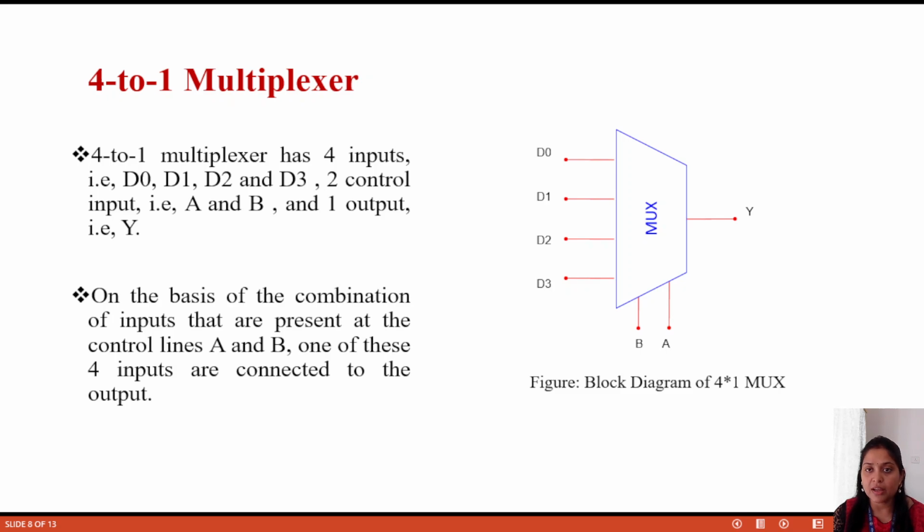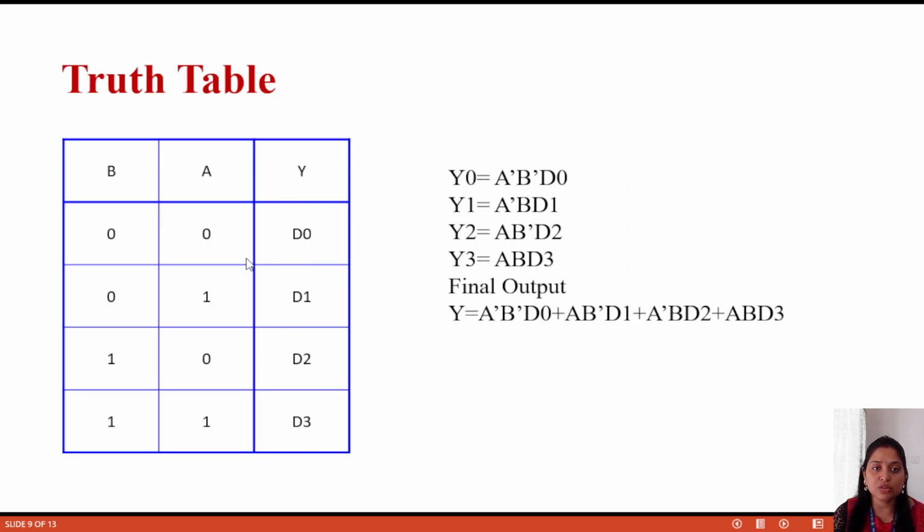This is Y. So the inputs are D0, D1, D2, D3, and which input will go to the output is based on the select input combination. Now I am going to the truth table. Here B we consider the most significant bit, A the least significant bit.